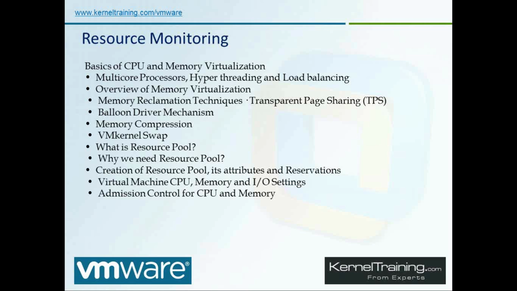For example, if we have a dual core processor with two cores in it and hyper-threading is active, then it will act like four virtual CPUs. So 2 into 2, 4 into 2, 8 virtual CPUs. Each core will act like two virtual CPUs if hyper-threading is active.